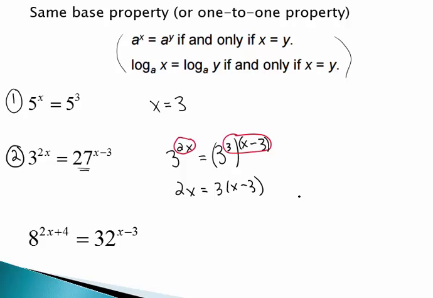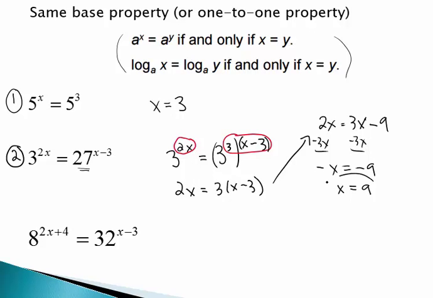From here I have a basic linear equation to solve. Negative x equals negative 9, which makes x equal to 9.